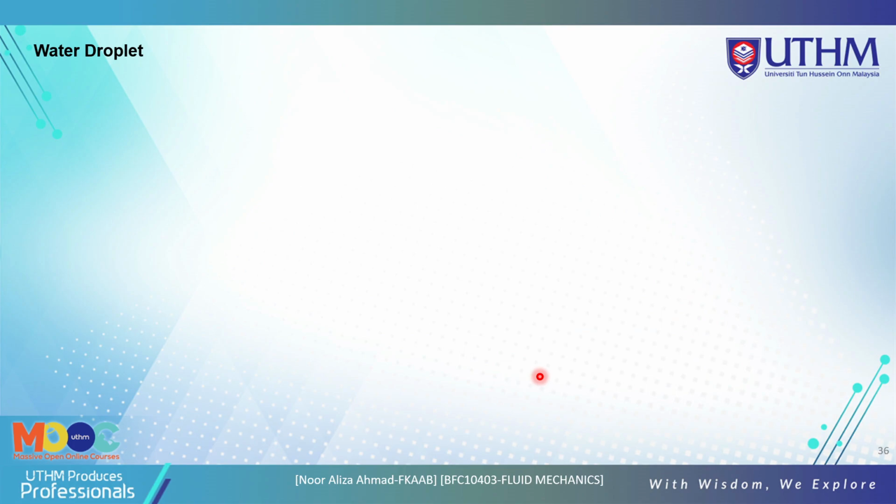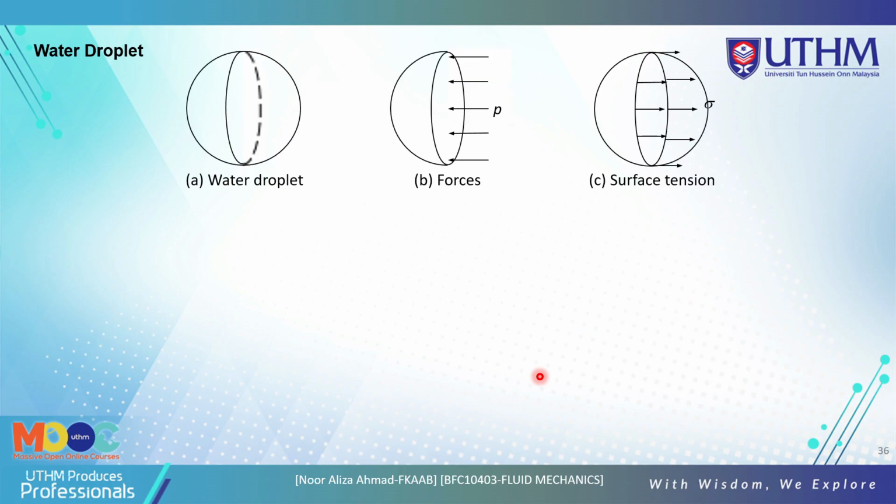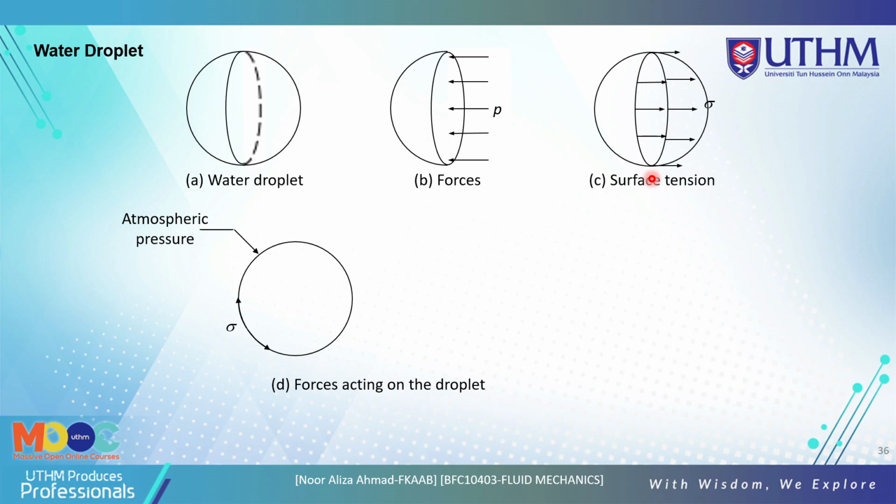Now we look at the water droplet. There are forces here and the surface tension here. What force is acting on the droplet? All the forces are acting on this droplet.